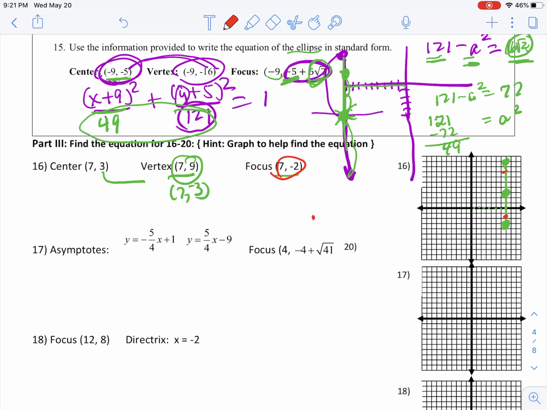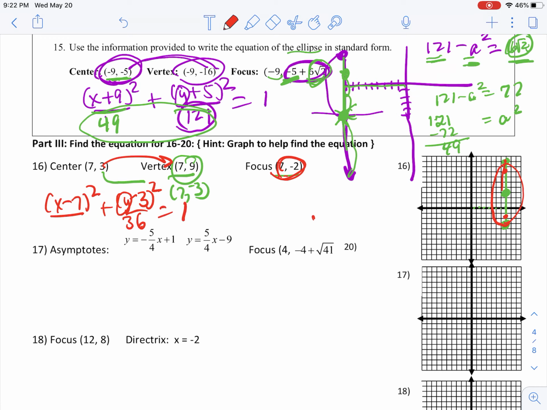That makes this an ellipse. If your foci are inside your figure, then it's drawing it toward, and you have an ellipse. So to start the ellipse, I would say x minus 7 squared, y minus 3 squared equals 1. We know we counted up and down 6 because I knew this much. So that would be a 36 under y for up and down. And then you could use this focus distance to find this number.